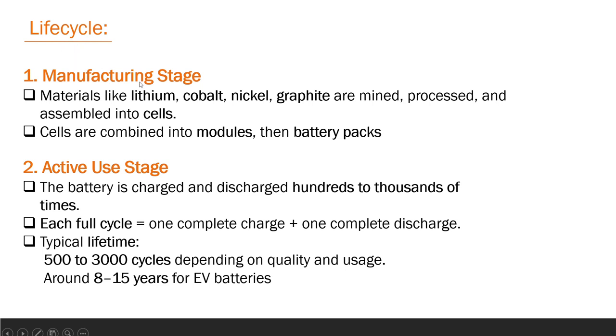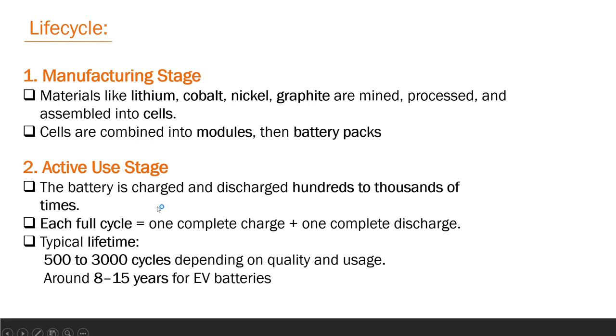In battery manufacturing, lithium-ion batteries are made from lithium, cobalt, nickel and graphite, which are processed and finally assembled into cells. The cells are combined into modules and then a battery pack. Now the active use stage.